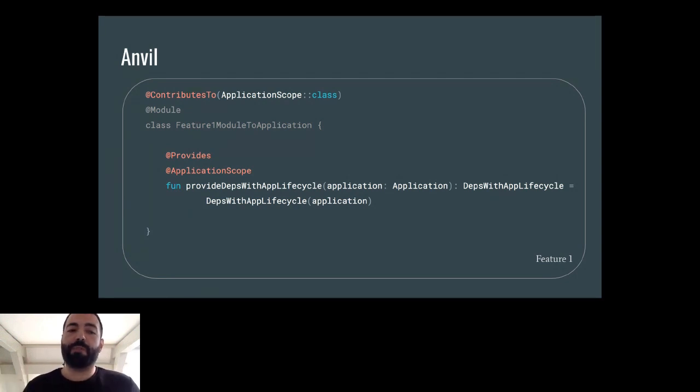Even though I'm providing it within the feature one Gradle module, my Dagger component will not have access to it unless I provide it as a dependency, because it is defined on top. Another important thing here is that I mark this as application scope to have a single instance within the given scope. If you don't, as you know, Dagger will create a new instance every time within the same given scope.